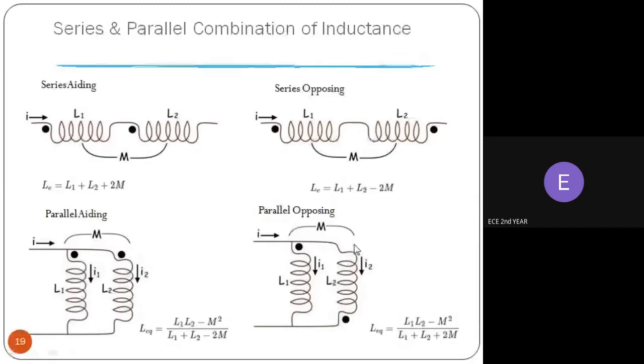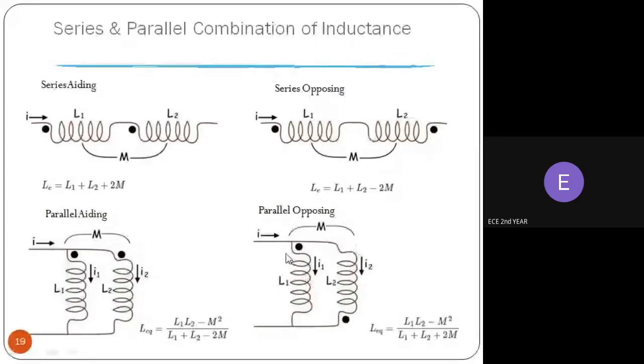The next one is parallel opposing. L1 and L2 are connected in a parallel way, and at the dot on L1 current flows towards the dot, while at L2 current leaves the dot. So L1 and L2 are in an opposing manner, connected in a parallel combination.